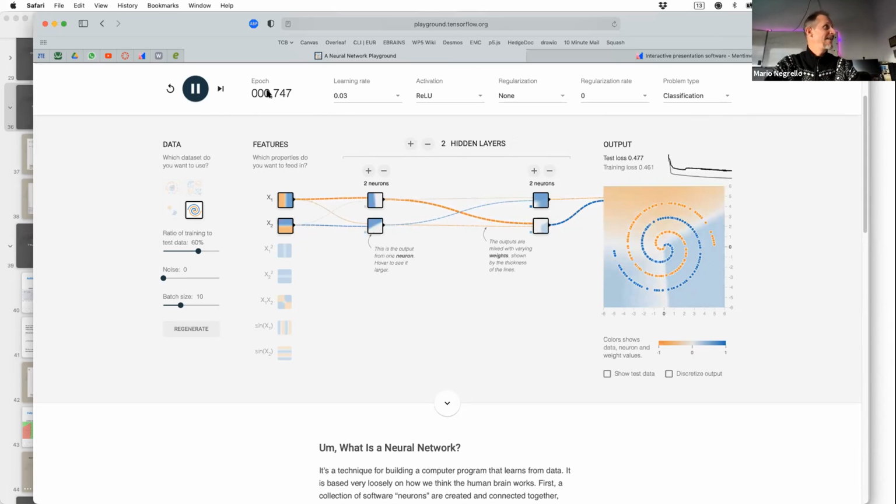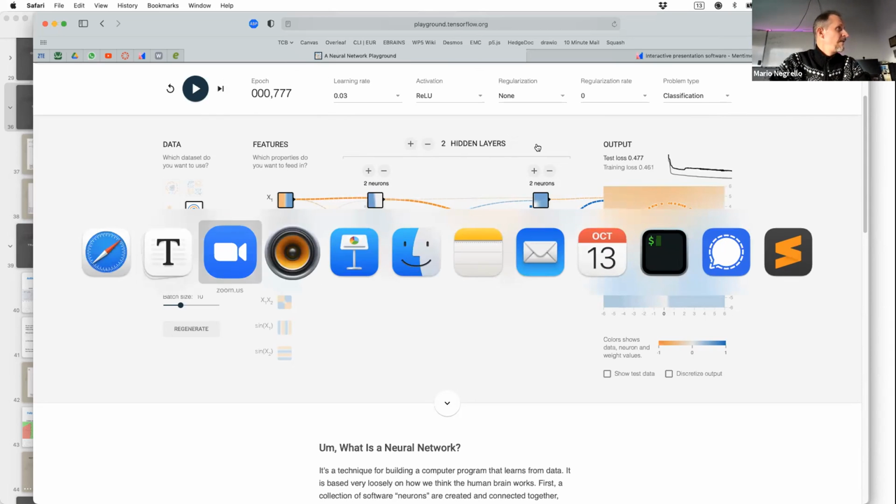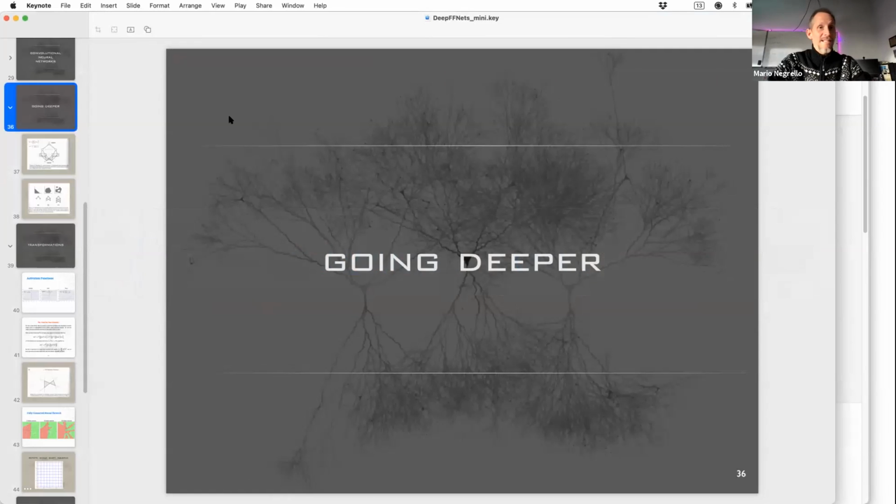More about that right now. So that's really the reason for going deeper: if you have only one single set of inputs and one single set of outputs, you can only produce linear boundaries, because you're not combining areas from the different neurons.